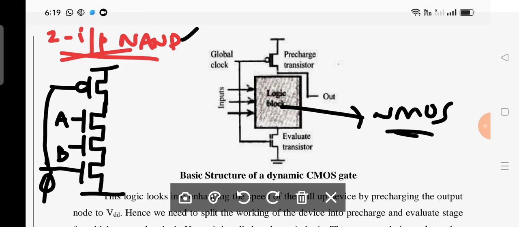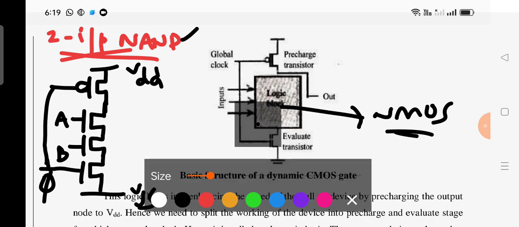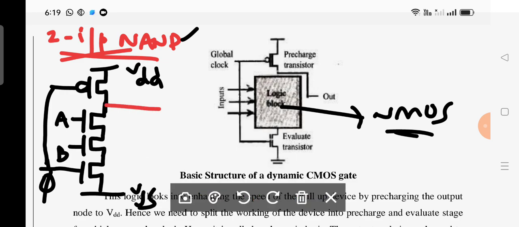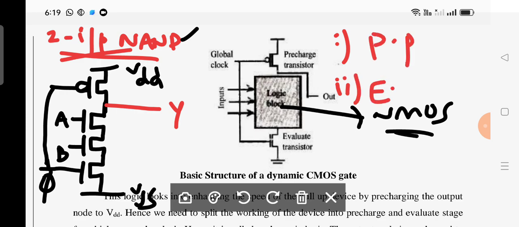Now this is VDD and this is VSS. Now where should you take the output? Absolutely between PMOS and NMOS. This may be your output. Now based on this you can have 2 phases: first phase, the pre-charge phase, and second phase, the evaluation phase.